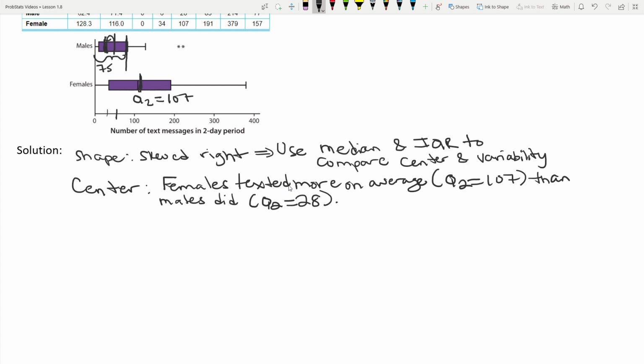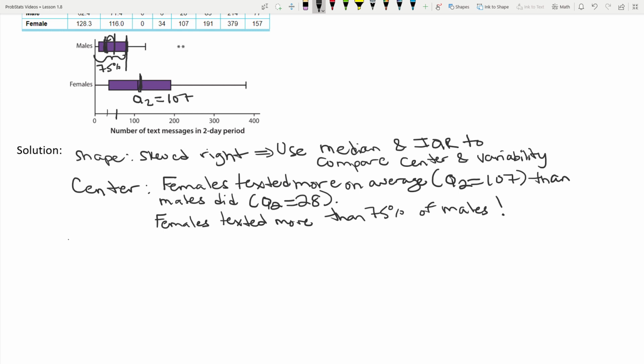So if you think about it, the females actually texted more than 75% of males, which is quite interesting in this study.